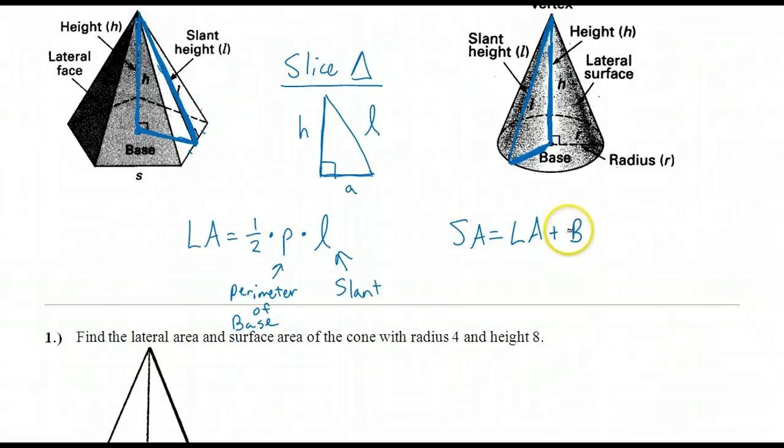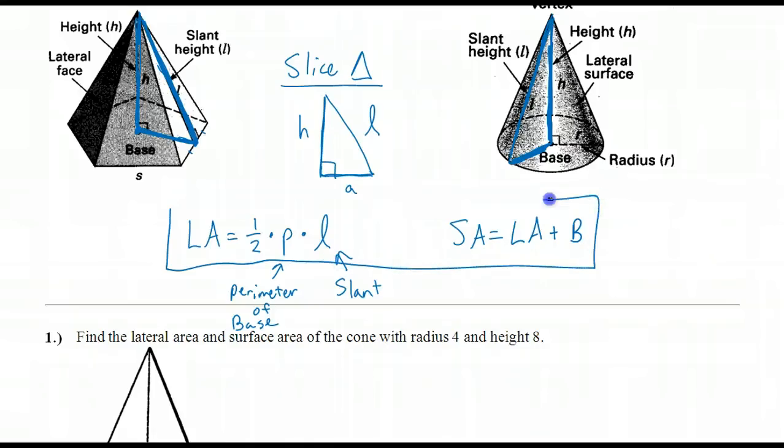Different than a prism or a cylinder, I don't have a top and a bottom, I just have a bottom. So the two formulas that I need to learn for pyramids and cones: 1/2 times my perimeter times my slant height for the lateral area, and my lateral area plus one bottom, one base for my surface area.